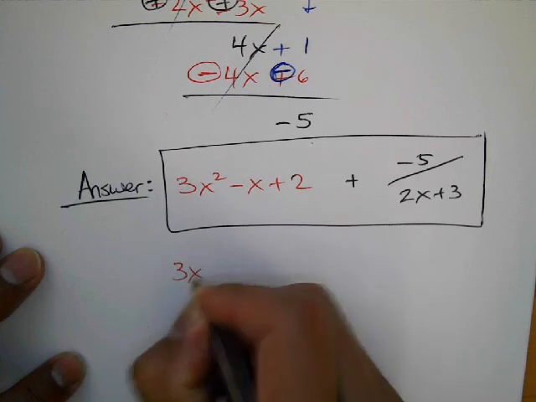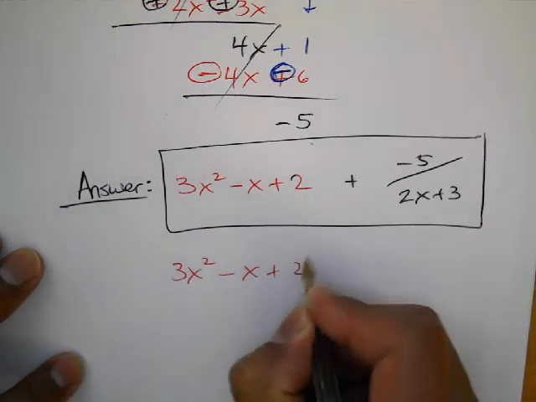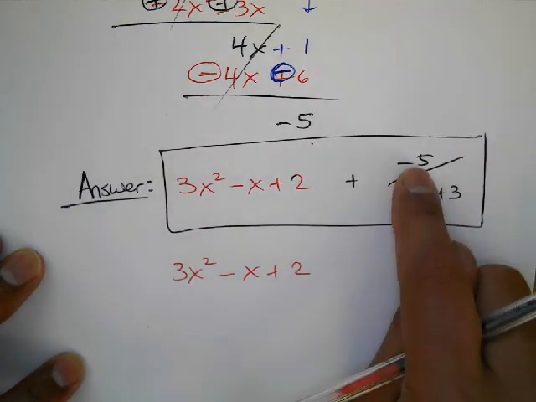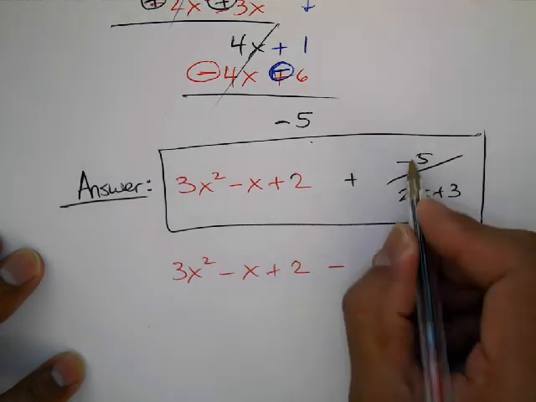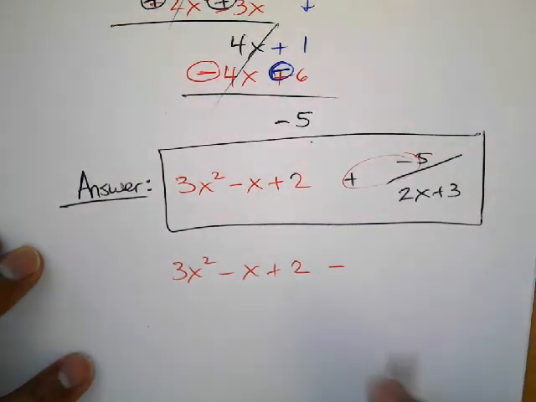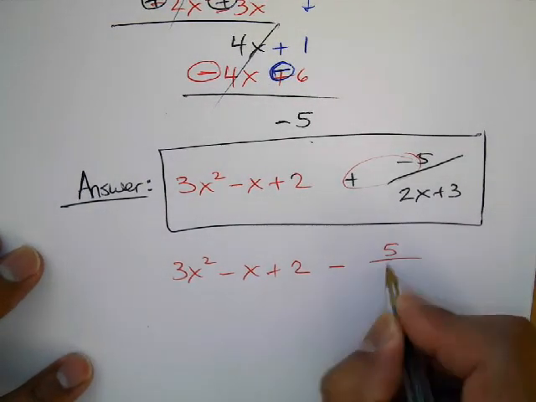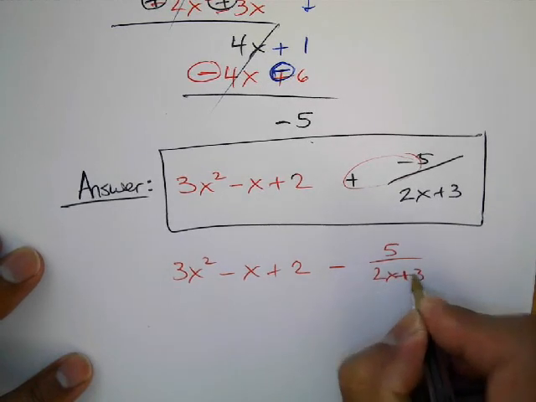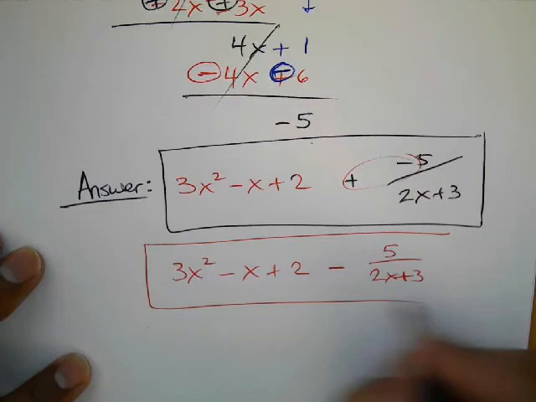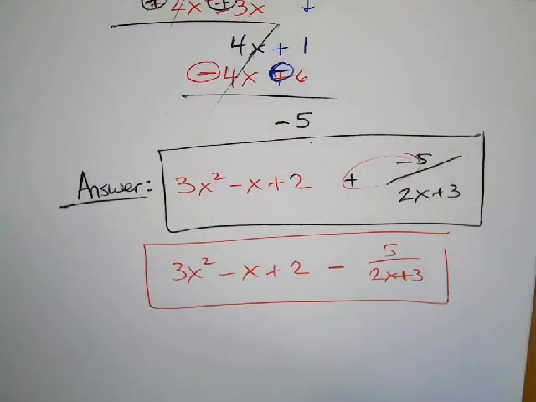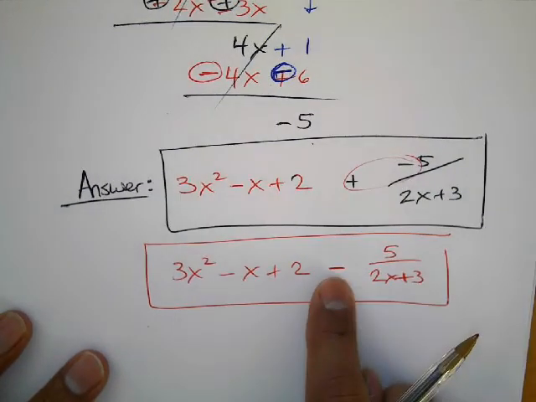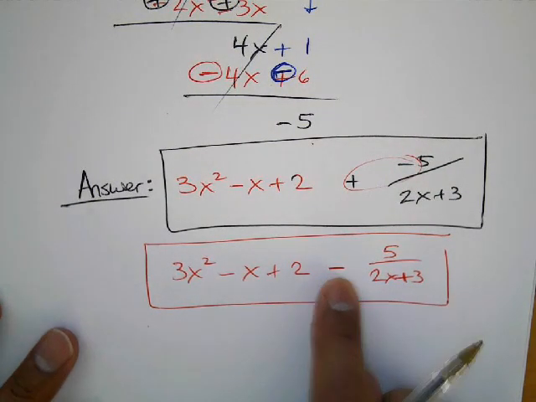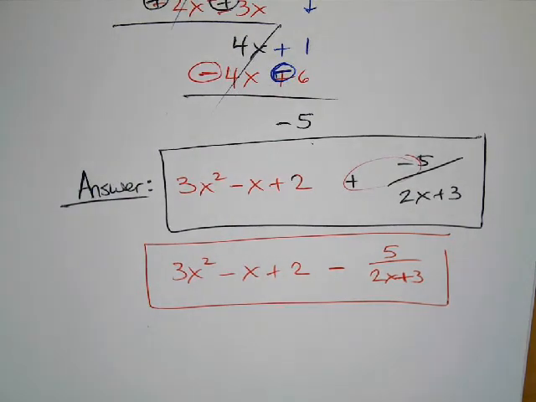When this is a plus and this is a negative, they might also have it this way. 3x squared minus x plus 2, and now this plus, because of this negative, they just combine like terms right there. And then they'll put 5 over 2x plus 3. It's the same thing. Okay? The negative, instead of being on the 5 here, they just drop it over here to the front.